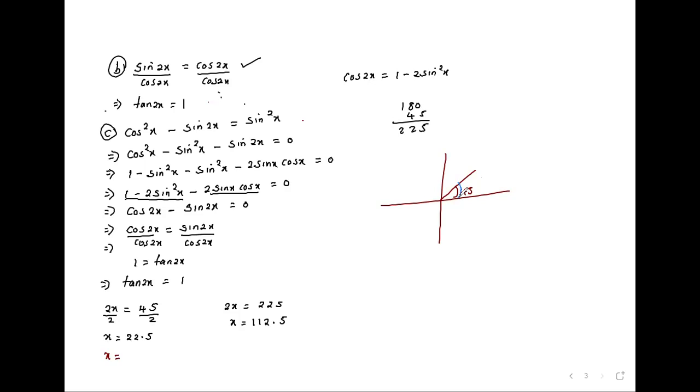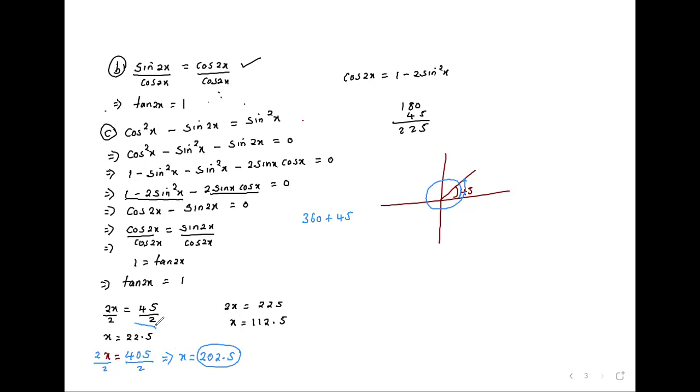We start from here, go around, come up to there. So do 360 plus 45 and call it our 2x. So our 2x is going to be 405. And then divide by 2. So the value we get will be in the required interval. So we'll get x is equal to 405 divided by 2, which is 202.5.